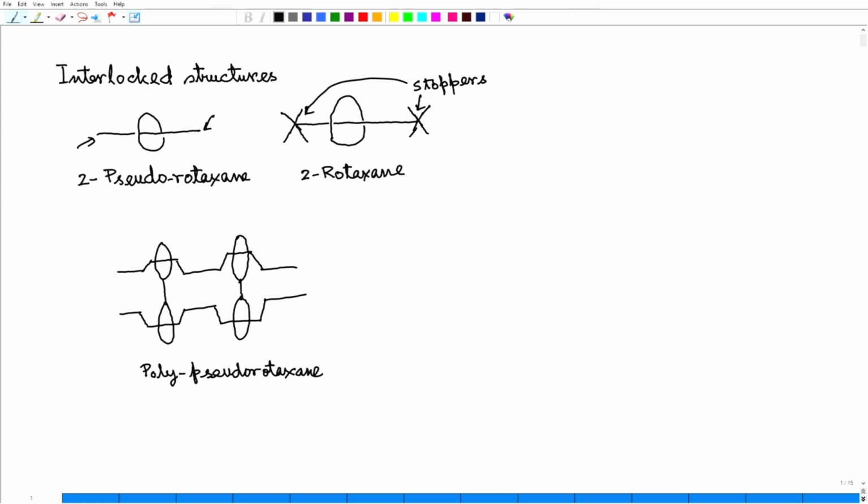And how is this formed? This is basically you have 2 macrocycles connected, and I take 2 linear units and they will go inside to form this. Okay.